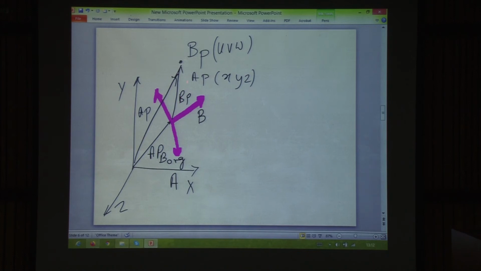This is BP, so point P expressed in B is this vector. So we have this plus that is equal to that from the vector diagram. So I can write it as AP is equal to A P B ORG plus BP, in terms of vectors.